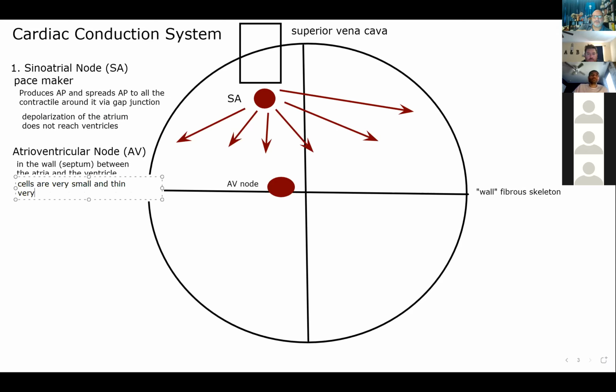The resistance is going to be high. And with that high resistance, that means it is going to slow the movement of the action potential down. It adds a delay. Why might that delay be important?